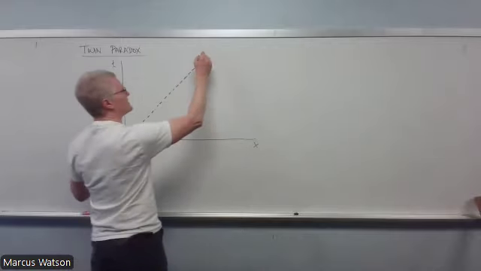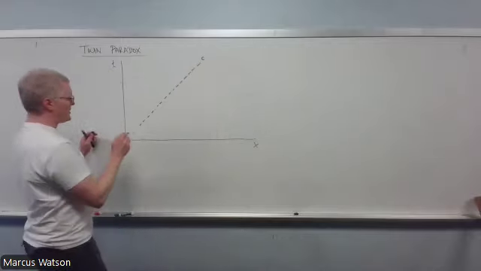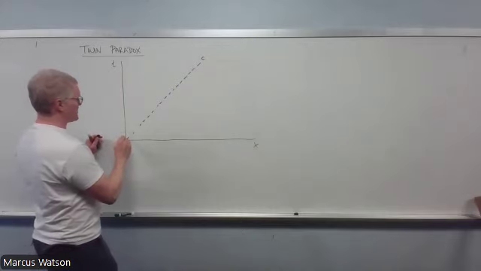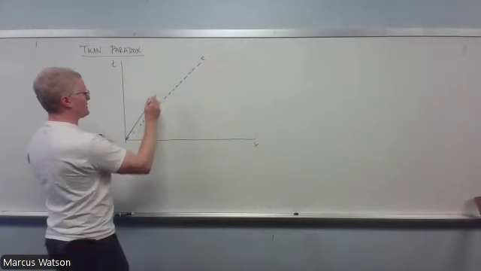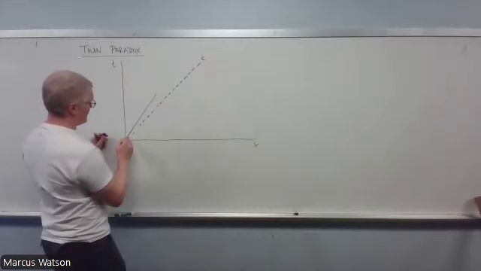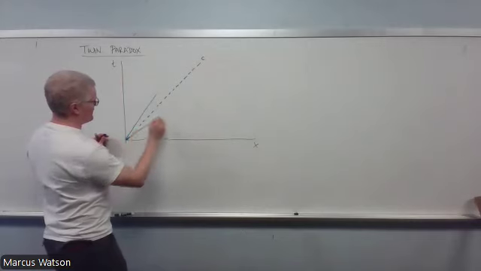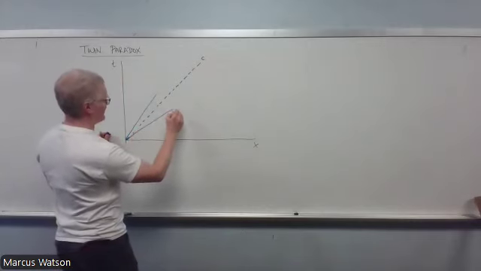Okay, so this is my c equals 1 line. So the journey perhaps took something like this, we'll say to there, and maybe something like that. That's not quite right, but that's okay.